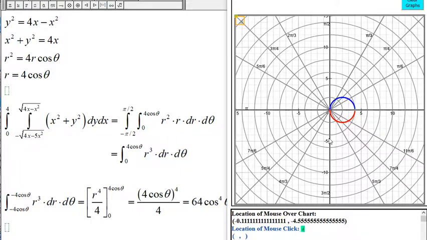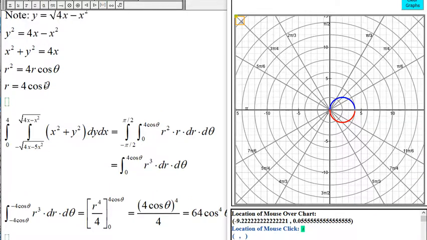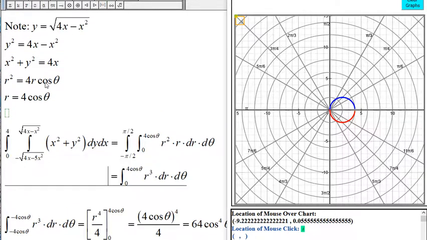So we're going from here up to here. So this is negative pi over 2 to 0, and then 0 to pi over 2. The radius ranges from 0 to 4 cosine of theta. The radius will go from 0 to 4 cosine of theta.